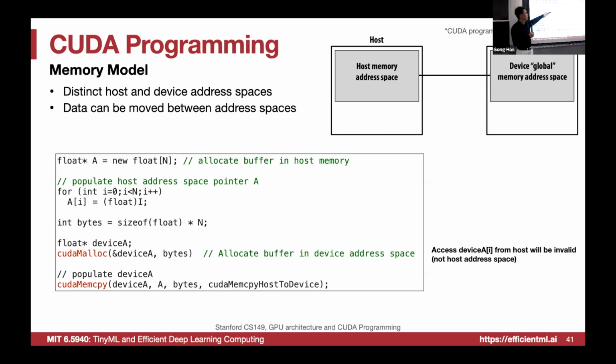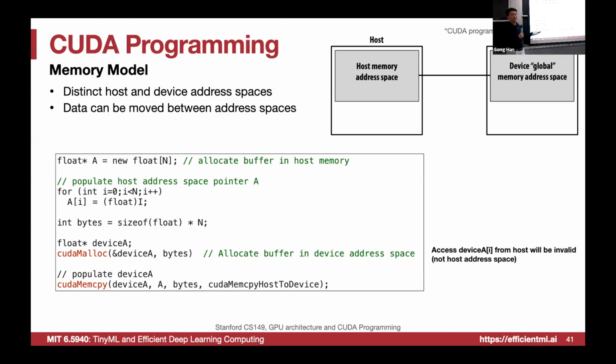And here we are allocating a buffer in the CPU, in the host memory. We populate the host address space with pointer A. And here we call cudaMalloc to allocate the buffer in the device space in the GPU. So we allocate GPU memory by calling cudaMalloc.